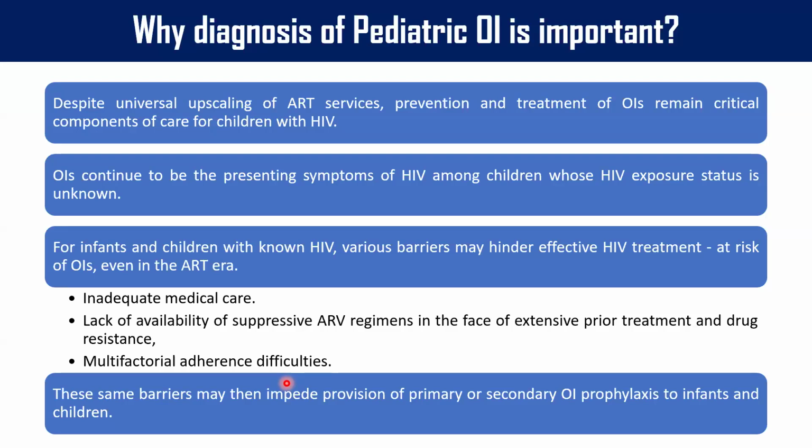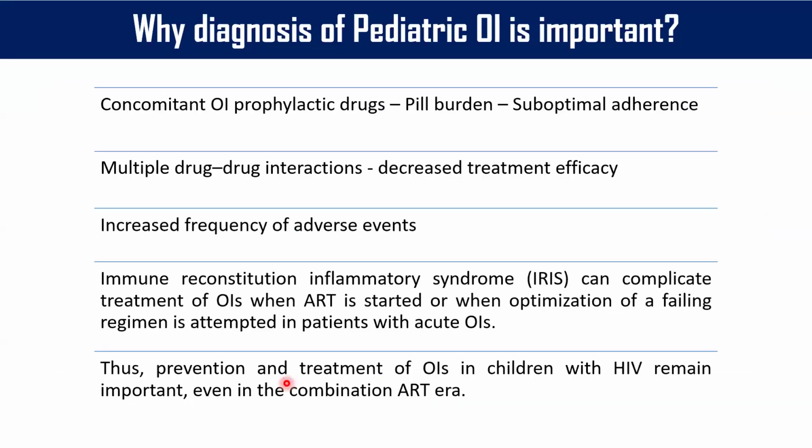So these are the barriers which will come in the way of providing prophylaxis for these infants and children. We need to understand that there are barriers which are common for both HIV management as well as prophylaxis. Another issue is that when you give a prophylaxis, that will increase the pill burden and lead to suboptimal adherence.